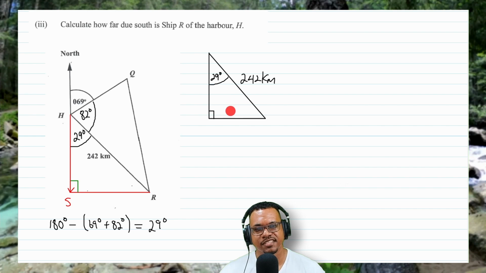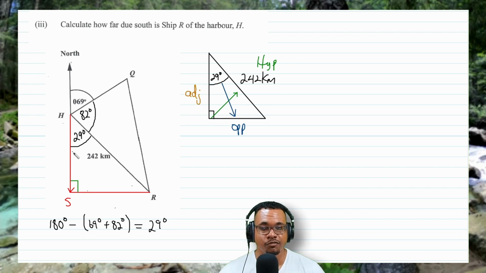So basically this is the right angle triangle that we have: the 29 degrees here, the 242 kilometers, and your right angle. Now we know the side opposite the right angle will be the hypotenuse. This is the angle that we have, so the side opposite to that would be called the opposite side. And of course, the next side will be the adjacent side.